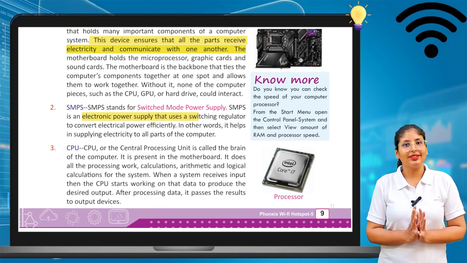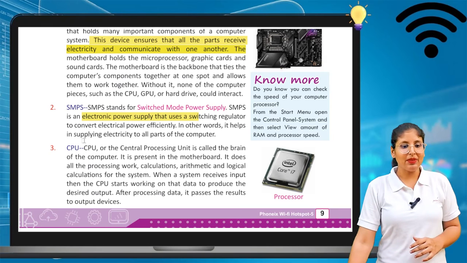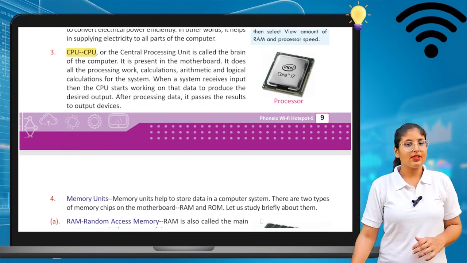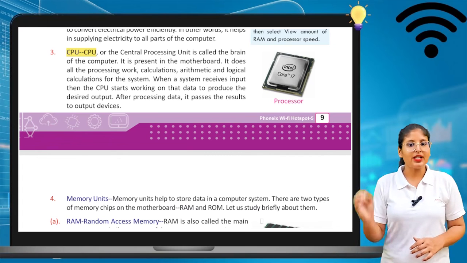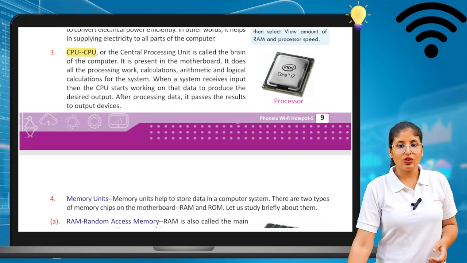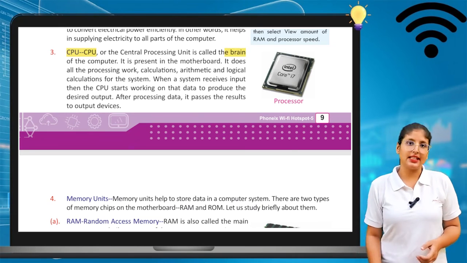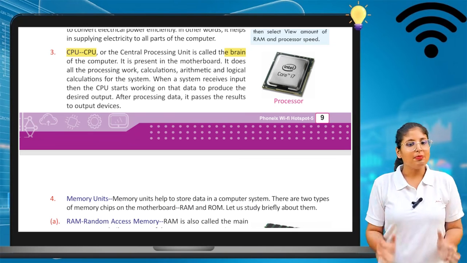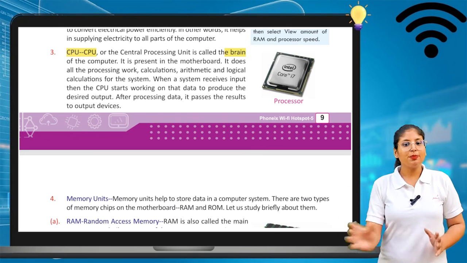Okay. Next is the CPU. Third is the CPU. So what is the CPU? CPU is the central processing unit, called the brain of the computer. So if someone asks you, can you tell me the brain of the computer, you can say yes, it is the CPU, the central processing unit. It is present in the motherboard.